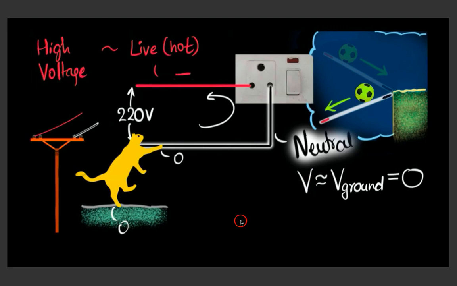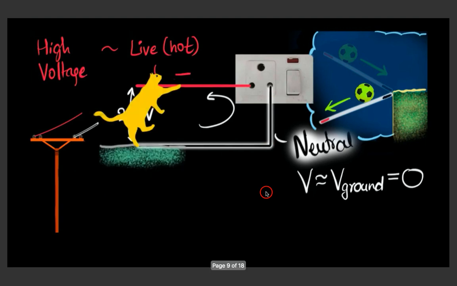Certainly, if you actually touched the neutral wire, you could end up getting a shock. So definitely don't do that. Okay, do not touch the neutral wire in your outlet at home to try this. But, ideally in a perfect world, if you did that, you wouldn't end up getting shocked because the voltage of the neutral wire is equal to the voltage of the ground.